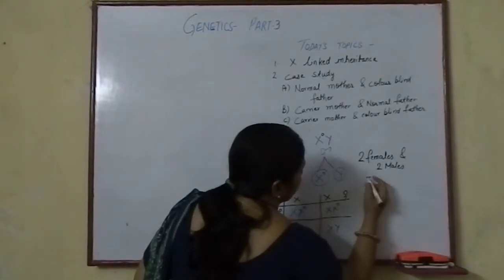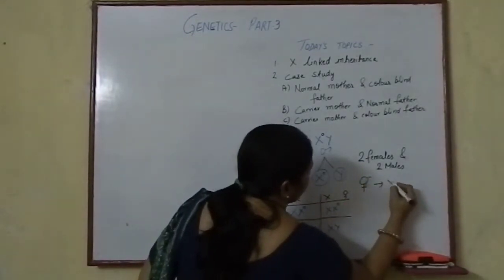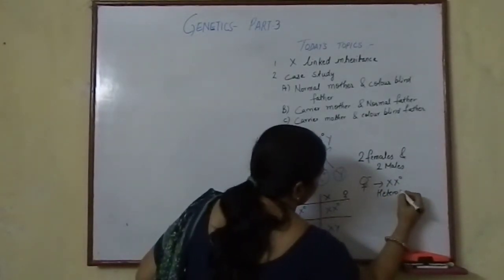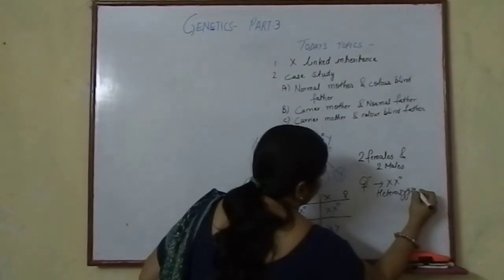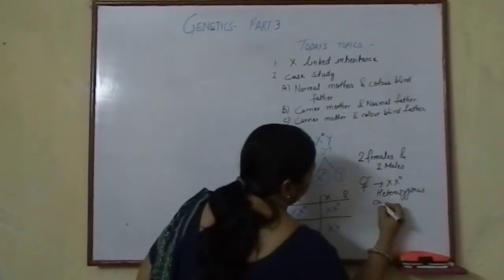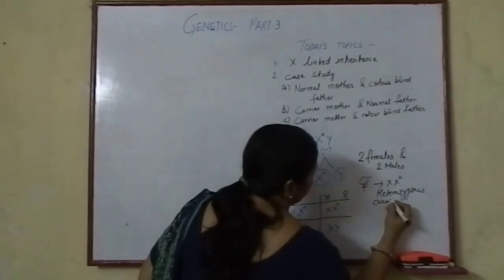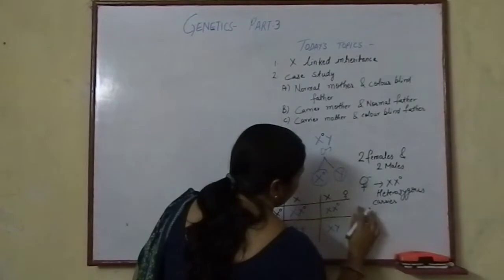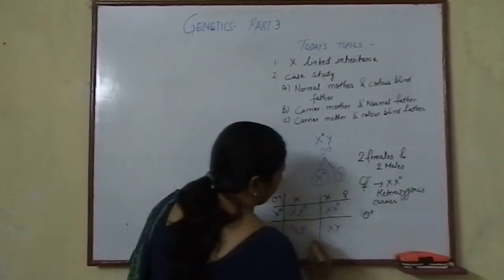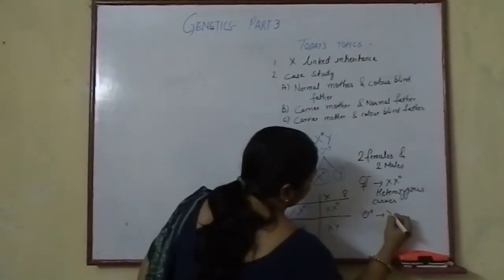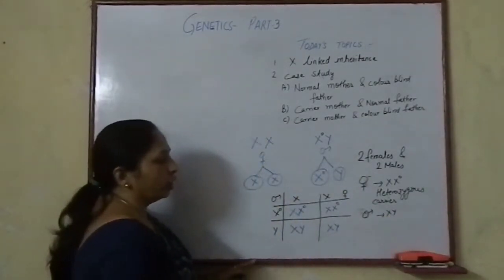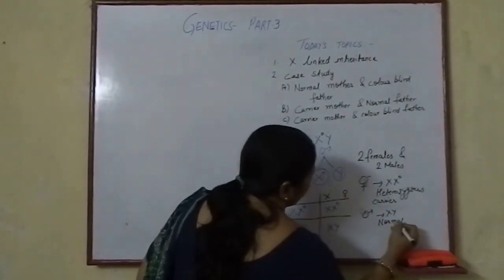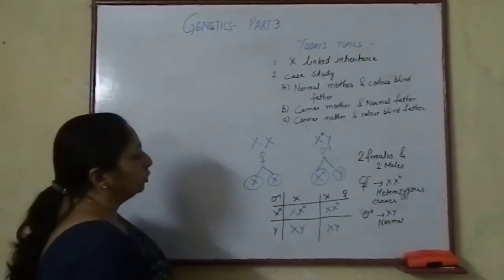The female, with the X X0 condition, is a heterozygous condition, and the person is a carrier of the disease. Then XY, since for the male the condition is simply XY, means they are normal persons, not carriers of the disease. All the males are normal in this condition.